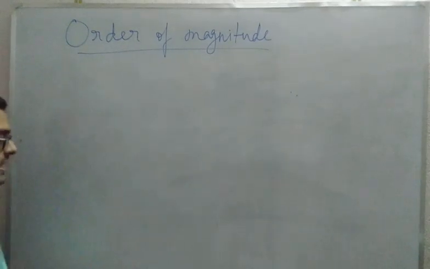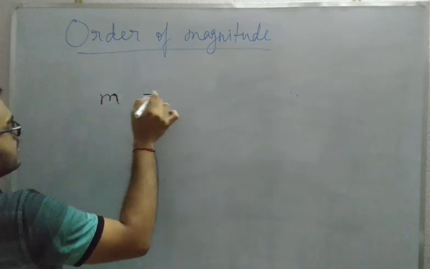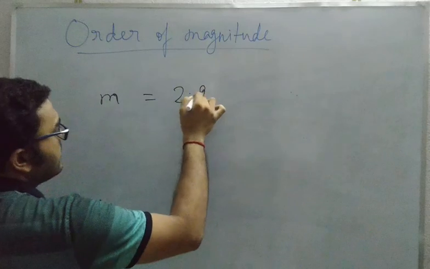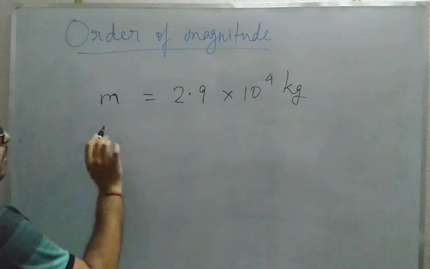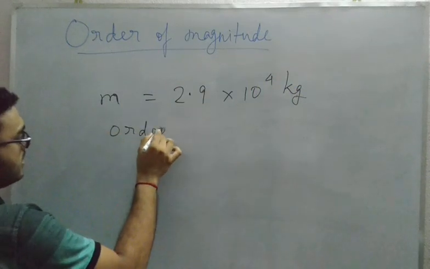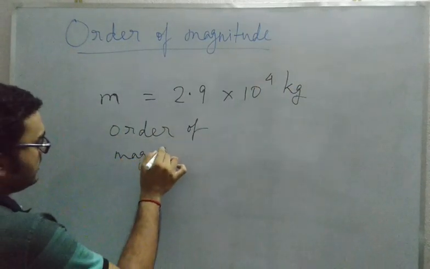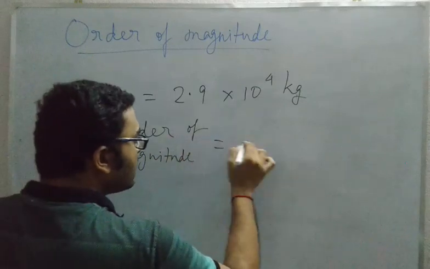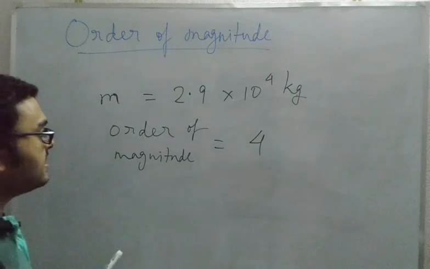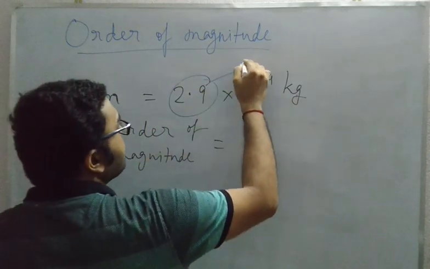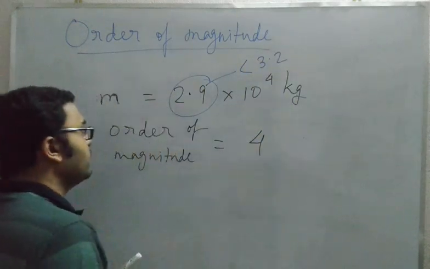If I have a quantity, again I am taking that mass, m equals 2.9 into 10 to the power 4 kg, then here the order of magnitude is equal to 4, because this number is 2.9, which is less than 3.2. So obviously I have not increased the power, just kept it as 4. So the order of magnitude is 4.